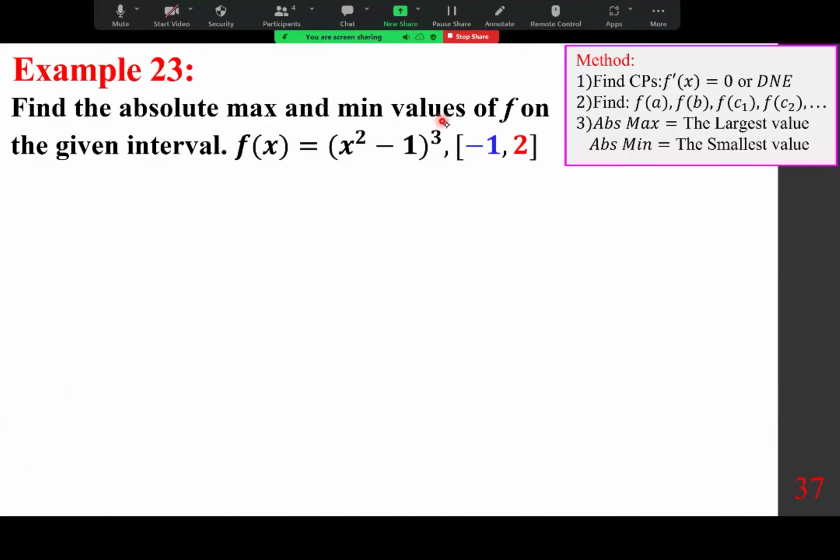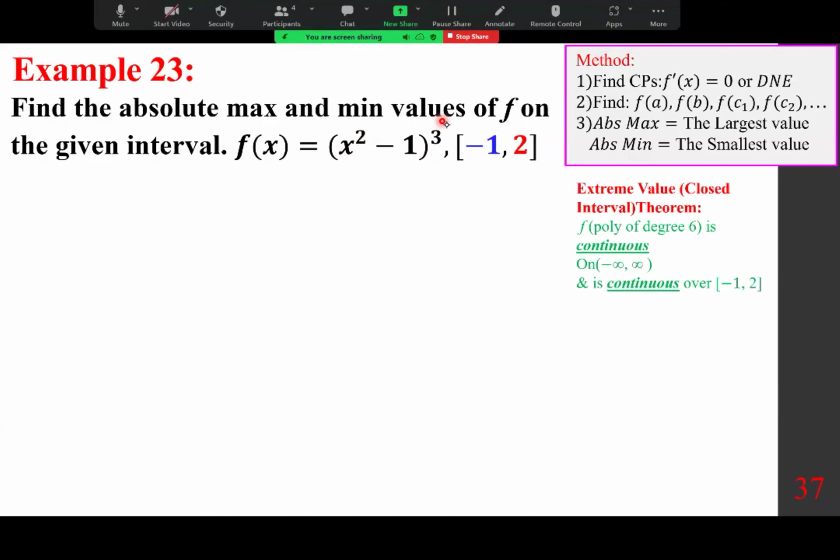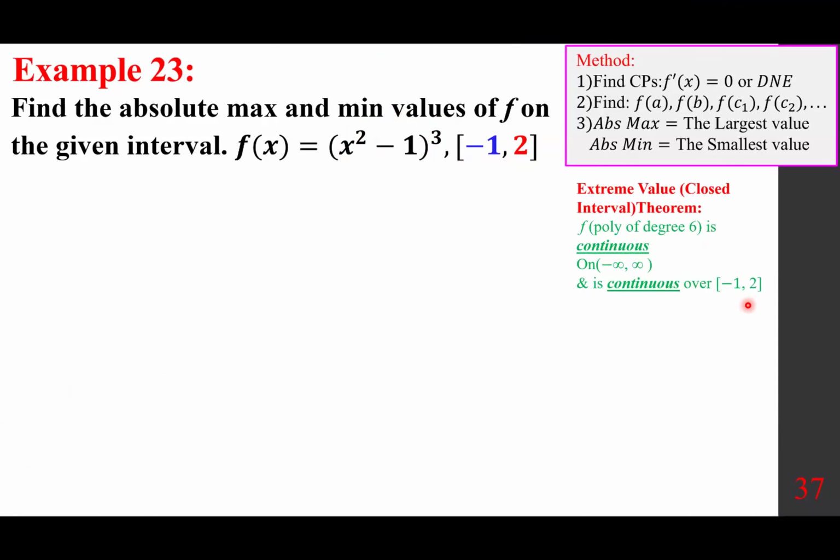Polynomial of degree 6, the domain is all real numbers. Therefore, it's continuous in the given interval of minus 1 to 2. So what we do, we are going to find f prime of x using the extended power rule or the chain rule.